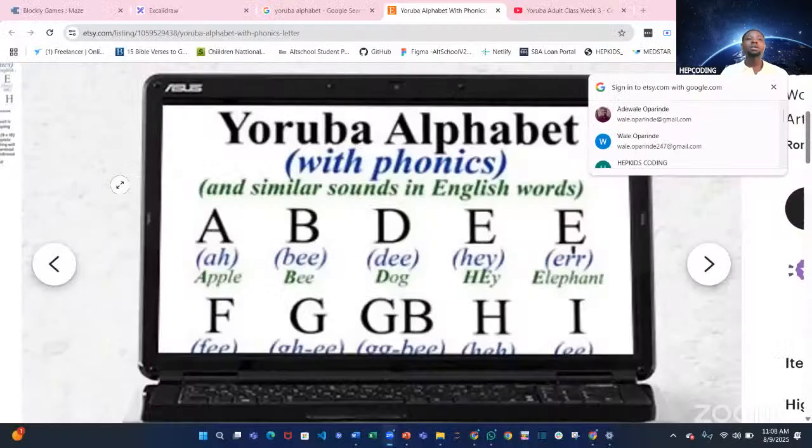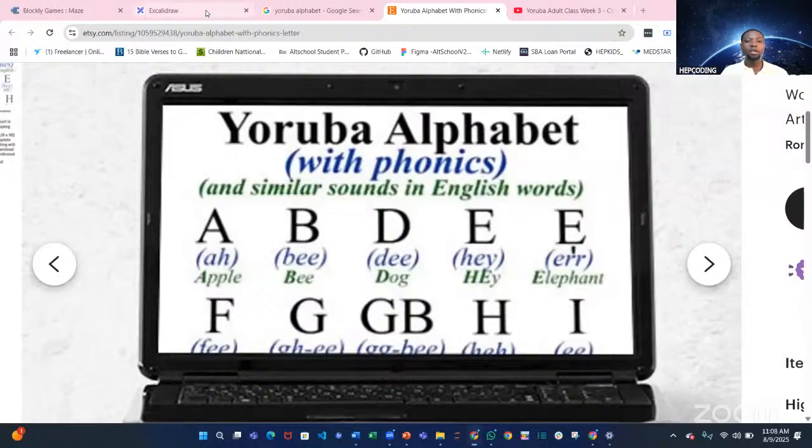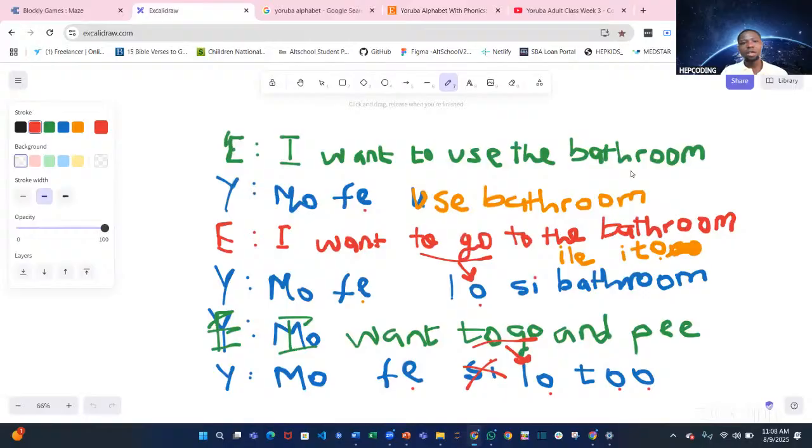Okay. So basically, this is Yoruba class week 3. Last week, like I was telling you, we tried to go over some key Yoruba sentences that you made. And we played a lot with how to use I, want, things in different ways.